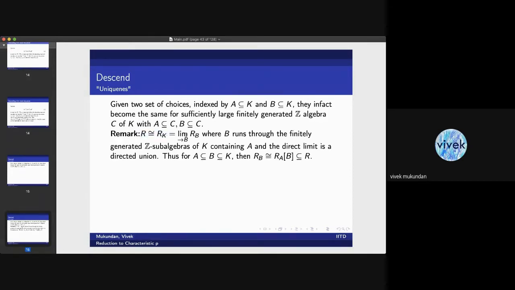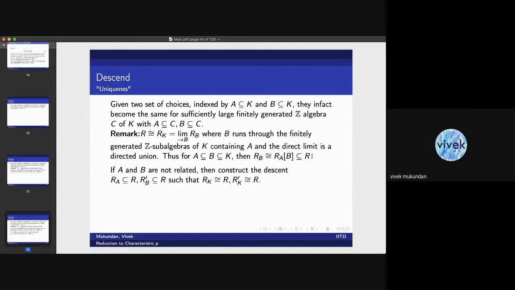It is nothing but a direct limit of R_B, where B runs over all the A algebras which sit inside K and contain A. So if A is contained in B, then R_B is isomorphic to R_A adjoin B, and it is contained inside R.